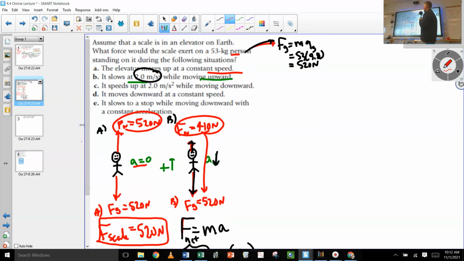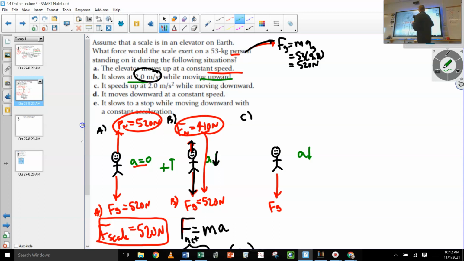Part C, it's going to be speeding up while moving down. So, part C, I have my same person here. I still have gravity. And they are speeding up while moving down. So they're still going to be accelerating in this direction.